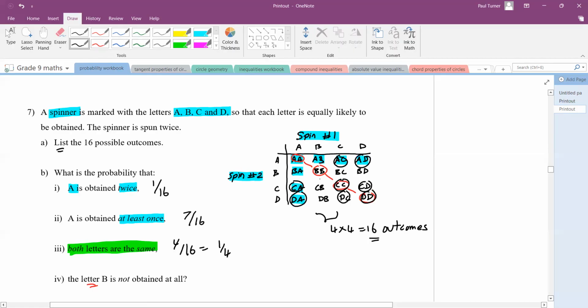So that looks like 8 out of 16, isn't it? Or is it more than that? Are we missing one? So we cannot have B's. 1, 2, 3, 4, 5, 6, 7, 8, 9. So it's actually 9 out of 16. I miscounted.